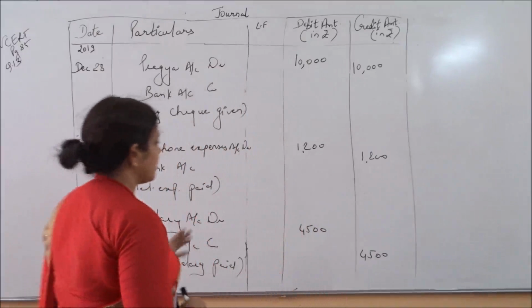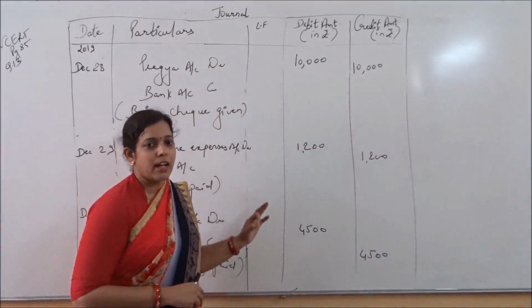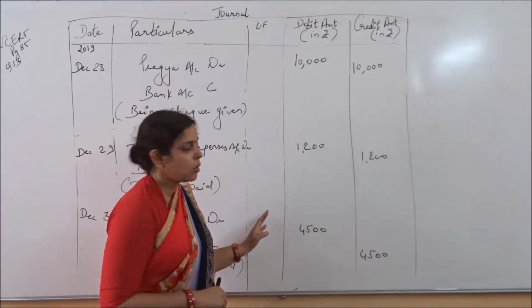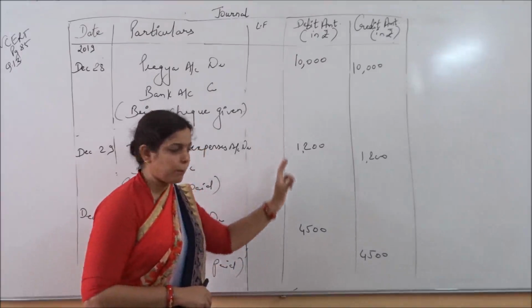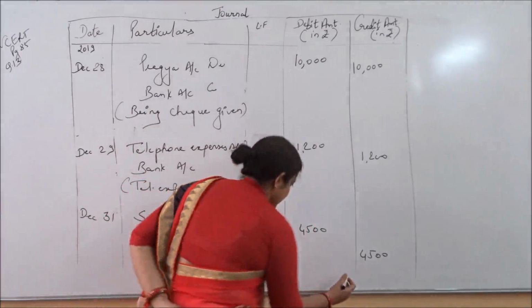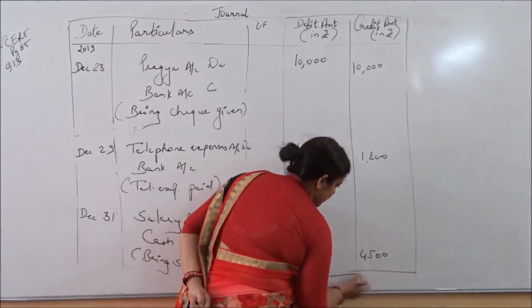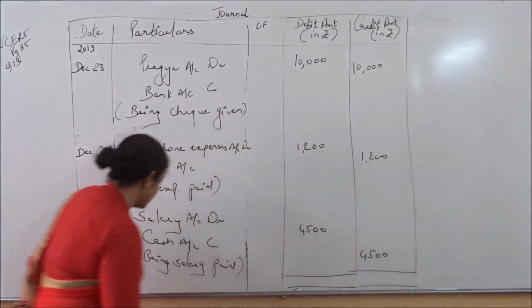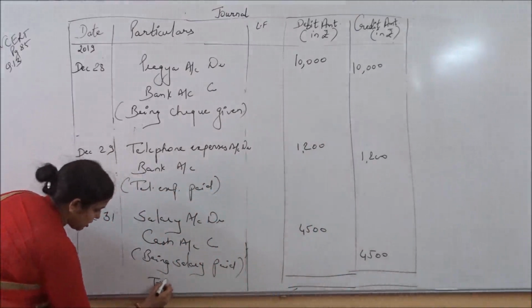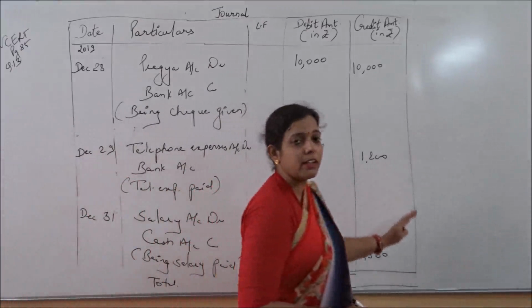And at the end, whatever pages it takes, maybe 2 pages, maybe 3 pages, you have to do the complete total of all the transactions, and you have to mention the total here, the total of the debit side and the total of the credit side.